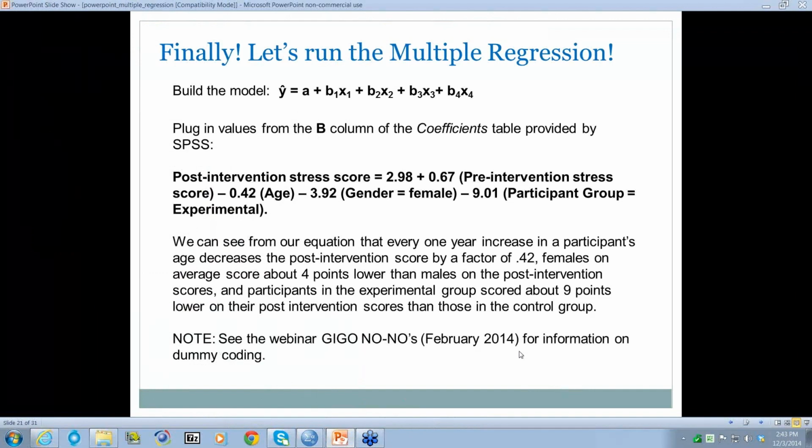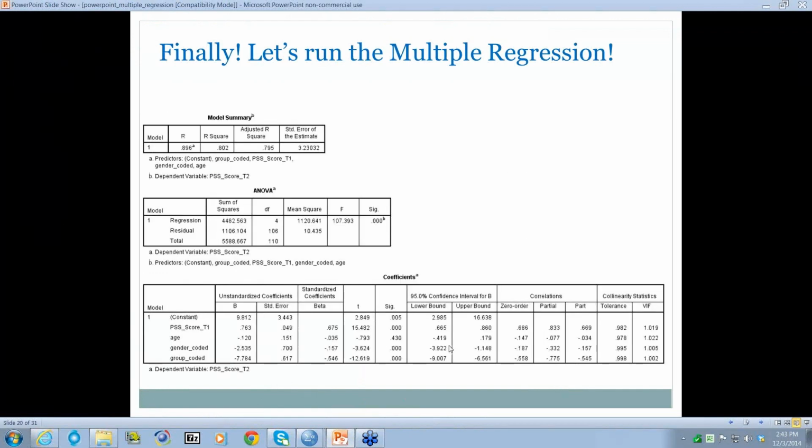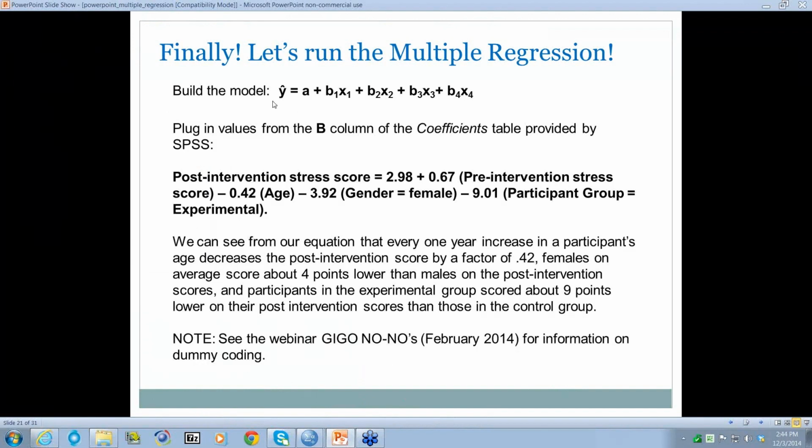Okay, so we have the one table with the B values. What we're going to do is take these B's and plug them into our equation. So here's our model. There's our outcome, our post-test score. There's our intercept, and here are our B's. And then, of course, these will be our X's.